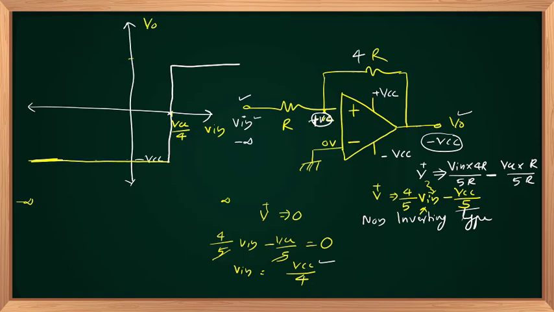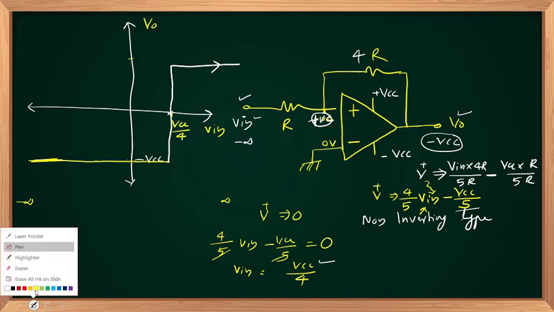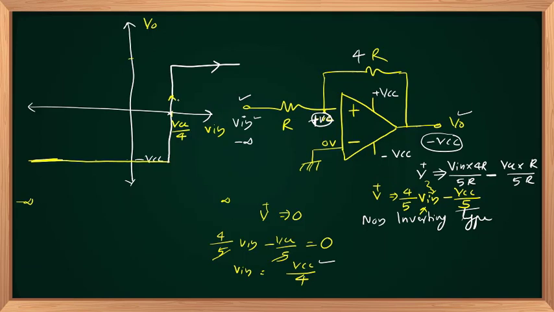So output will become plus VCC, and it continues in plus VCC. So the transition is upward, right?